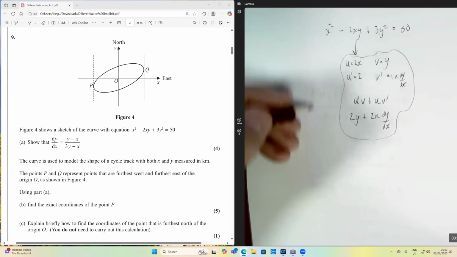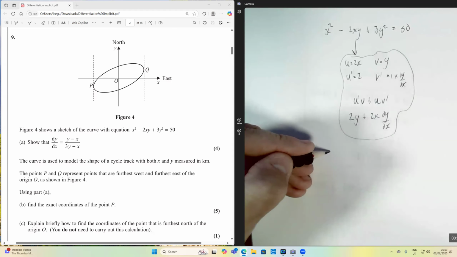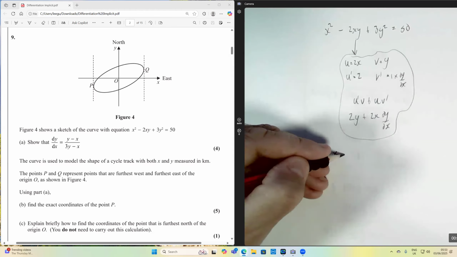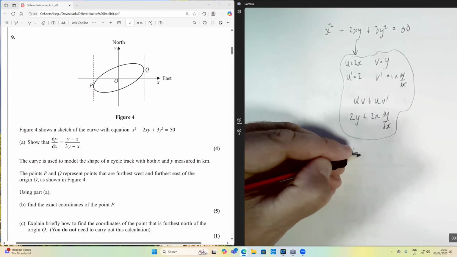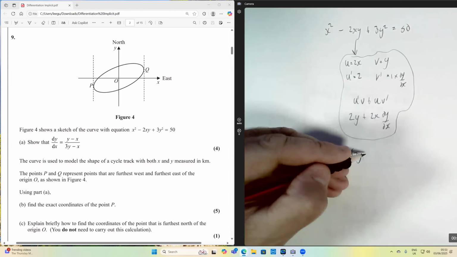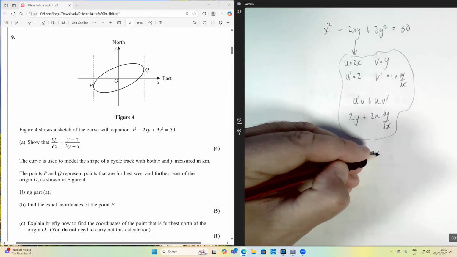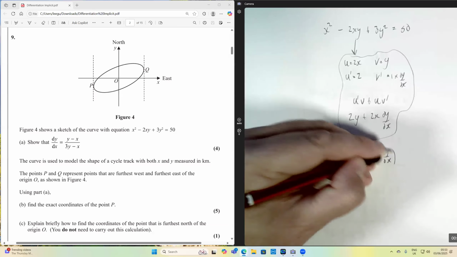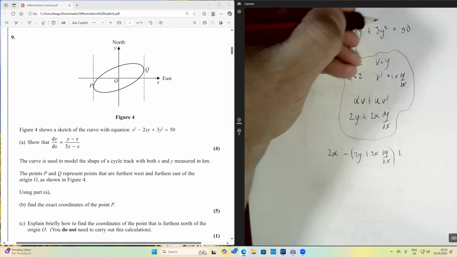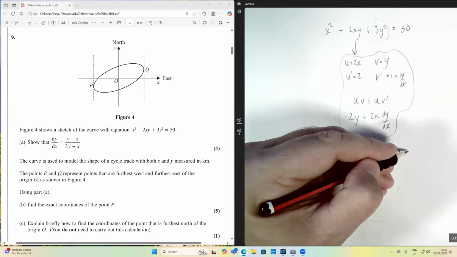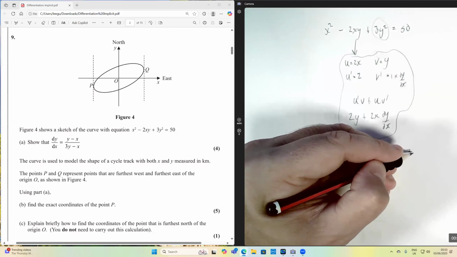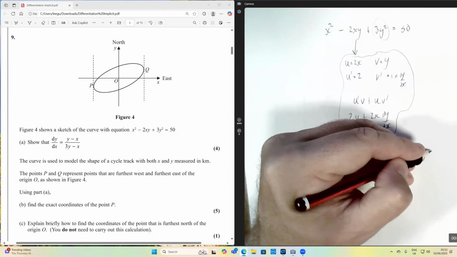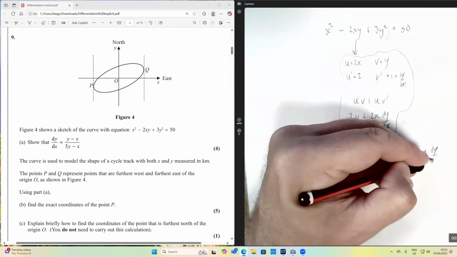Okay, so let's differentiate all the terms. The x squared is going to go to 2x, that's normal differentiation. And then I'm going to have minus this expression we've just got here, minus (2y plus 2x dy by dx). And then plus, we're going to do the 3y squared now. That's going to go to 3 times 2y times dy by dx.